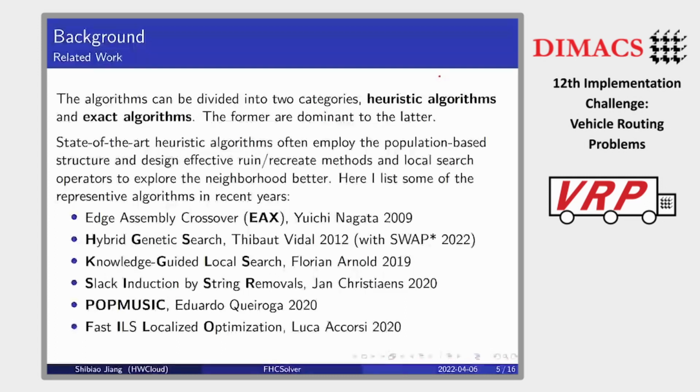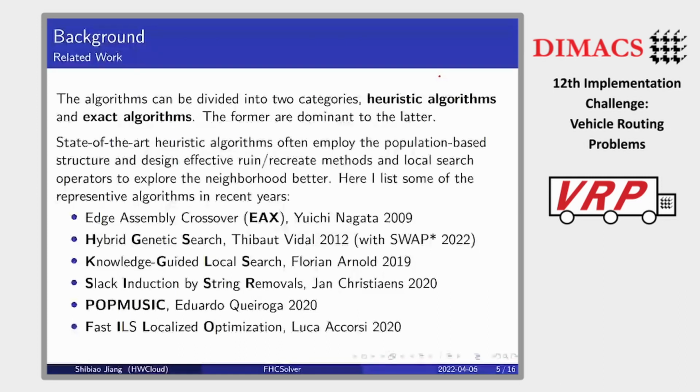State-of-the-art heuristic algorithms often employ the population-based structure and design some effective recreate methods and maybe some local search operators to explore the neighborhood better. Here, I list some of the representative algorithms in recent years.